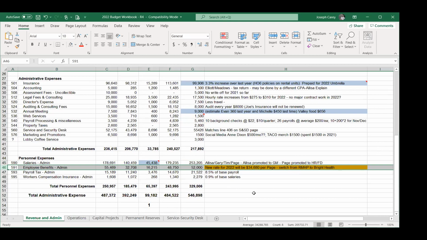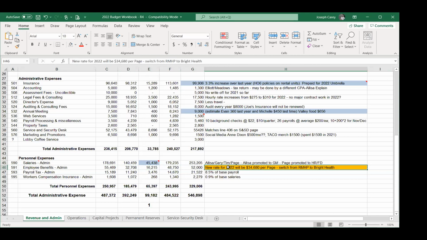Employee benefits will appear in three places: here, and on the next page under the maintenance salaries, and then service and security desk salaries. We got some good news. Paige did some research. We know that Rocky Mountain Health Plans, our healthcare provider for our employees, is no longer going to be providing their product in Colorado, so we knew we were going to have to switch.